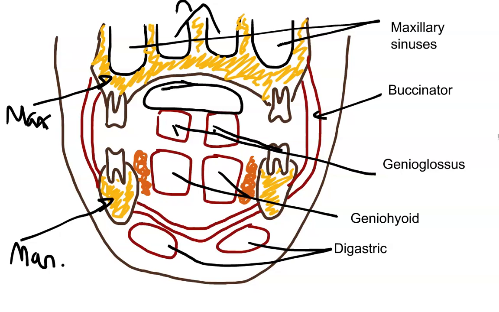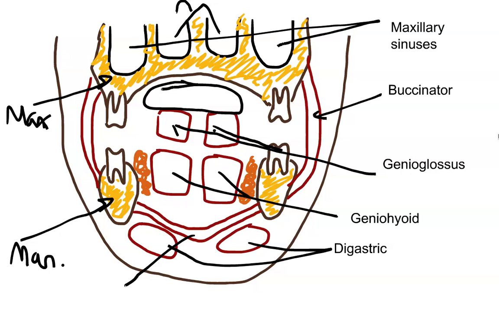The other belly extends to the mastoid process. It's supplied, at least in the anterior part, by the trigeminal nerve via the mylohyoid and inferior alveolar nerves, which are branches of it. And its action is to elevate the hyoid bone and open the mouth by depressing the mandible. The posterior belly is supplied by the facial nerve.